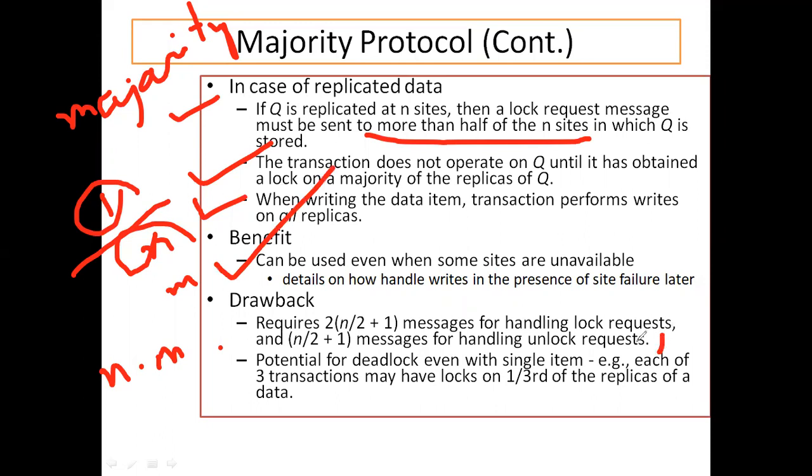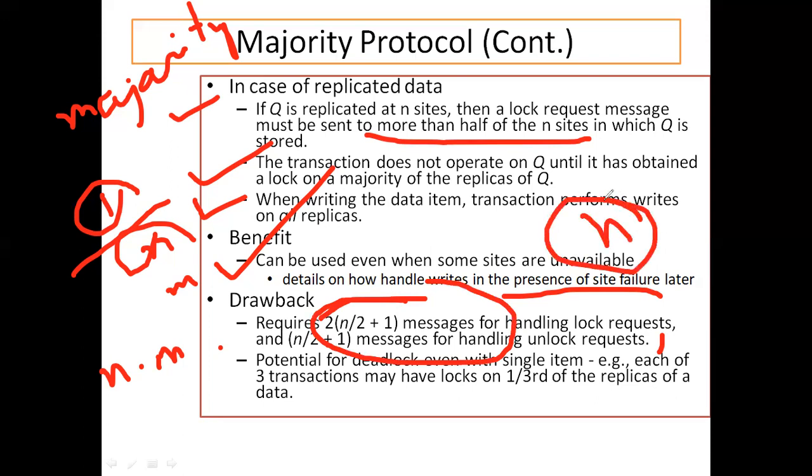Now, a simple assignment for you: after you get the recorded lecture, tell me why I am mentioning here that 2 into n by 2 plus 1 messages for handling the lock request will be required. I hope you got my question. Why this 2 into n by 2 plus 1? We are talking about n, and we are talking about majority.